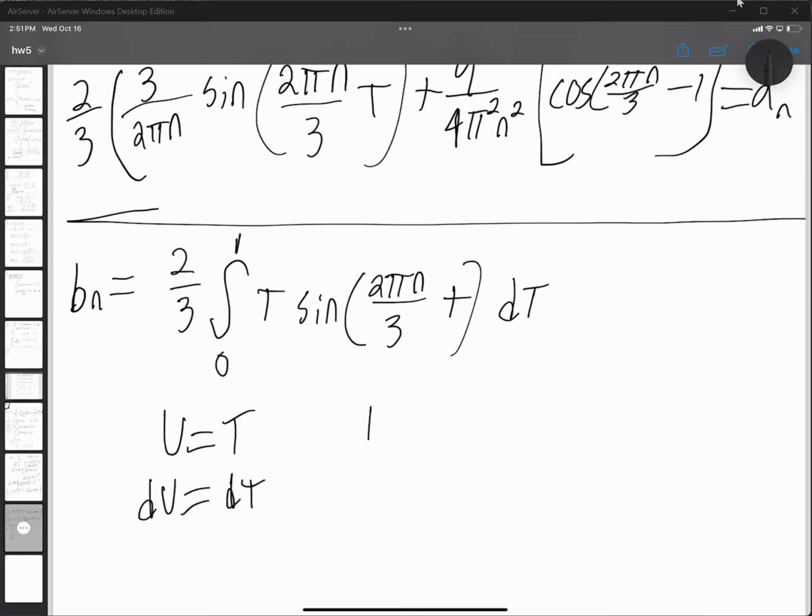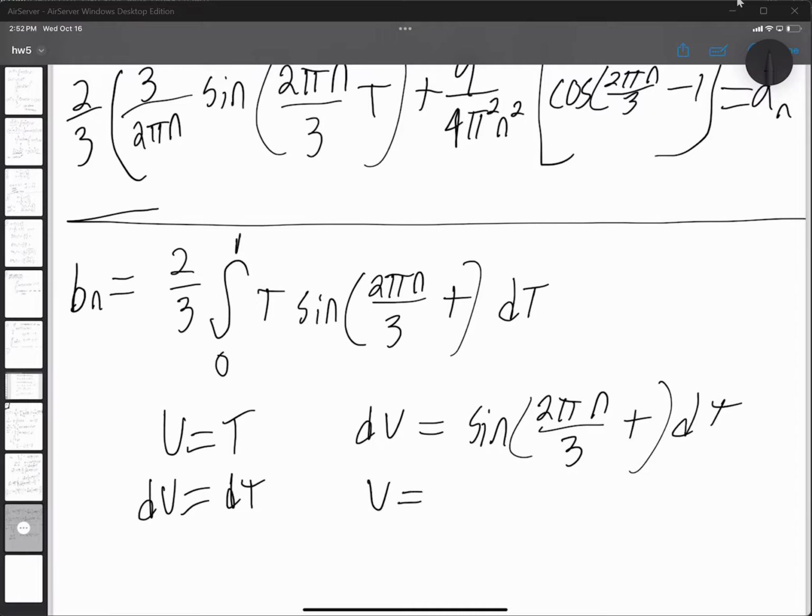And we have dv equal to sine 2 pi n over 3 t dt. Okay, and v would be, when we integrate this, it'll flip what's inside. 3 over 2 pi n times, if we want a positive sign, we need a negative cosine inside.